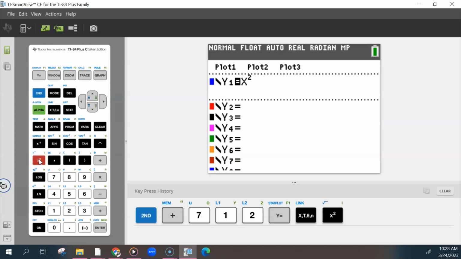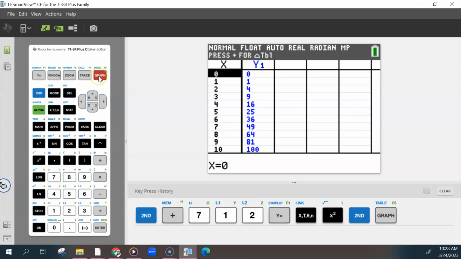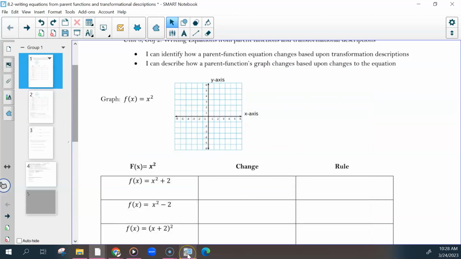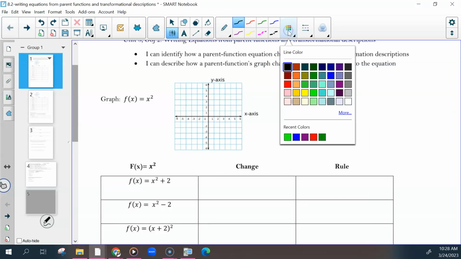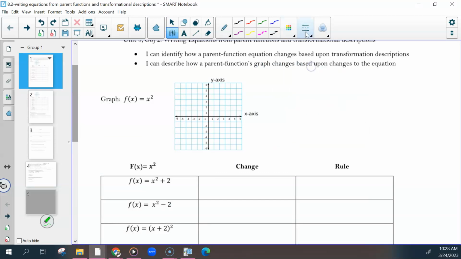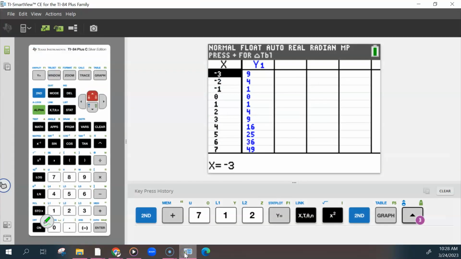And then we could go to the graph, but we're just going to go to the table for this just to get values. So second graph. Just as we were doing last unit, find where your y values repeat and then find the middle, which would be at 0, 0. So we're going to plot that point. And then plot at least 5 points.